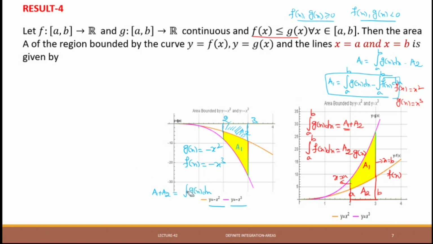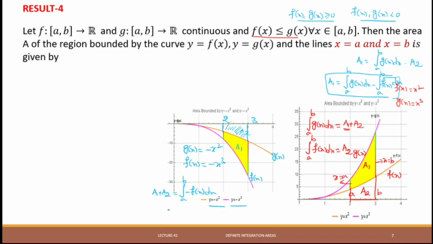Sorry, I think area is given by, so this is my f of x and this is my g of x, right? So this would be integral minus f of x dx, a to b.